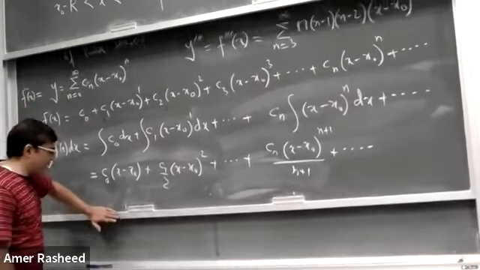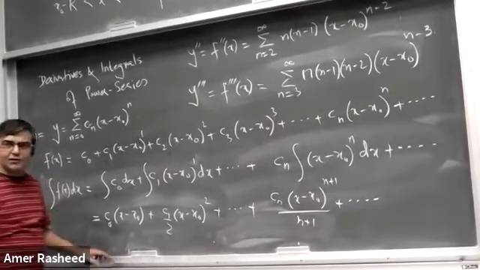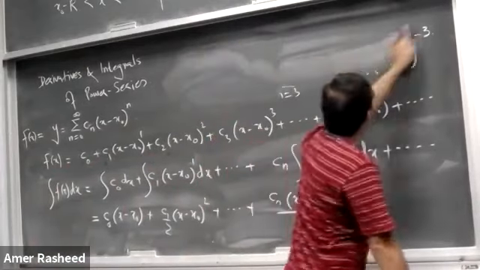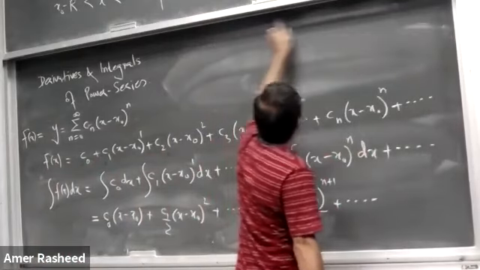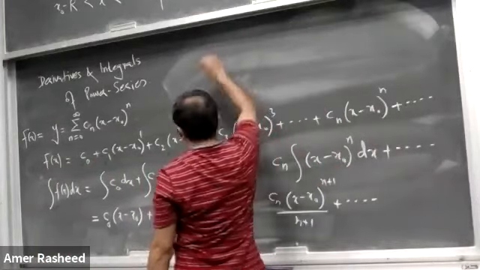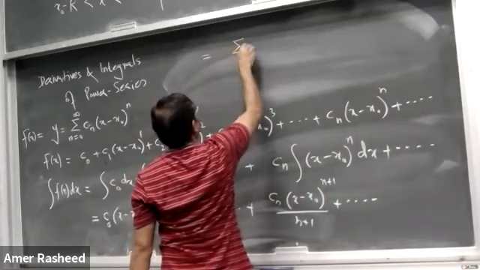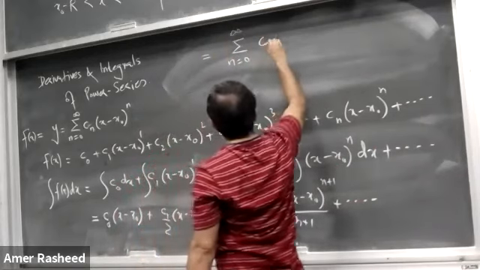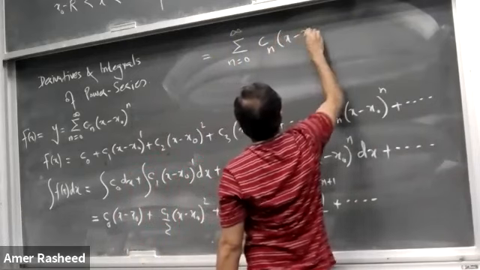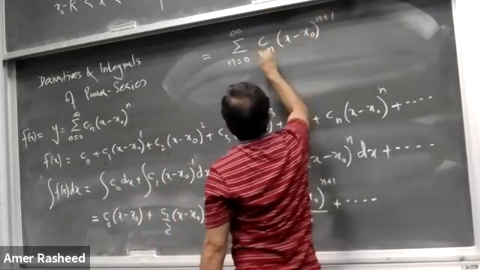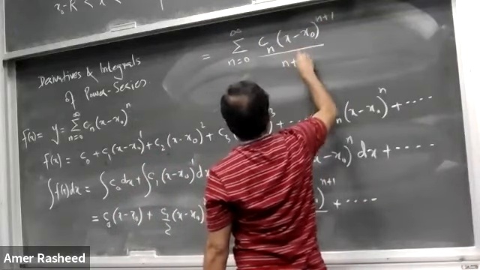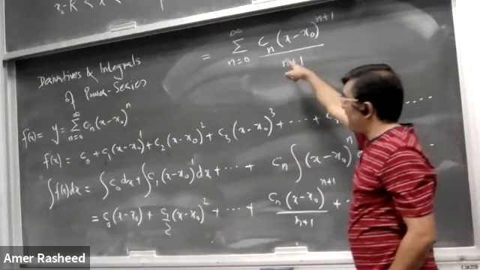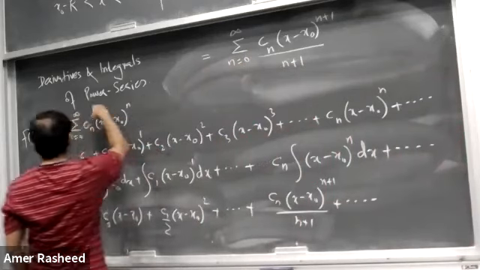Now, if we want to write this series in the summation notation, how can we write it? It can be written in this form: summation n from 0 to infinity, c_n (x minus x naught) whole raised to n plus 1, whole divided by n plus 1.